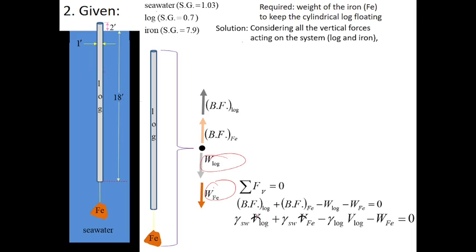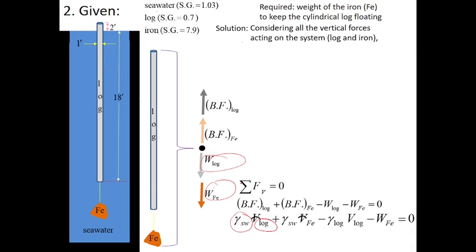So, the buoyant force with regard to log is equal to the specific weight of seawater times the volume displaced with regard to log.